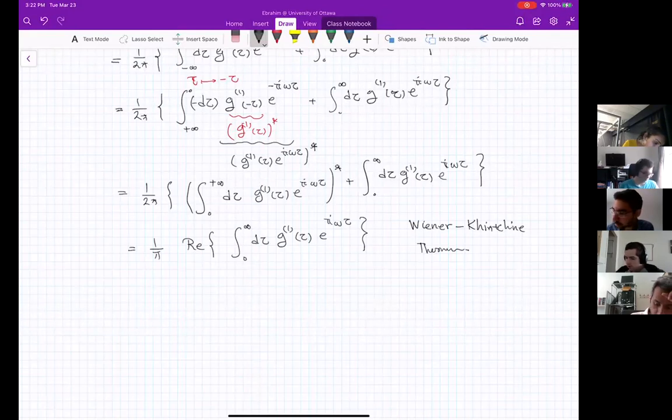Okay. So now I know how to calculate G1 function, and I know what is the meaning of G1 function that is related to the power spectrum. And even I can calculate power spectrum based on G1 function, because they are Fourier conjugate of each other.